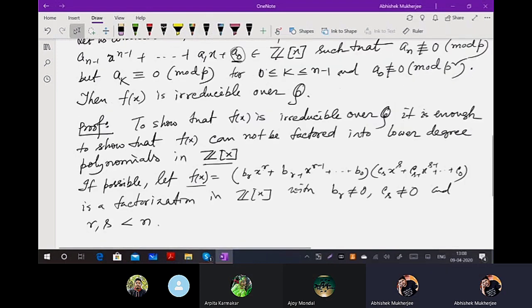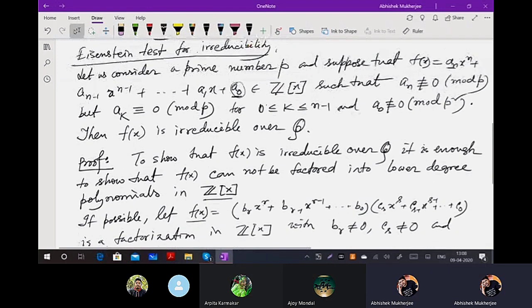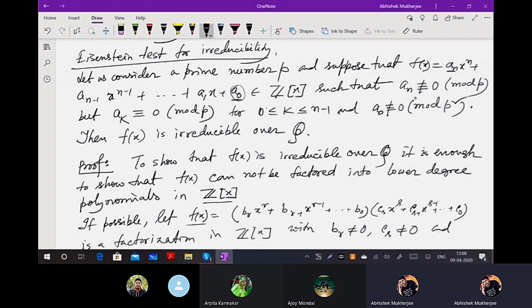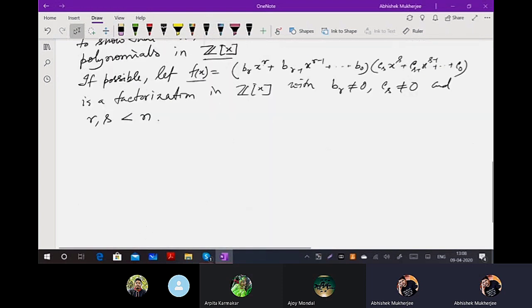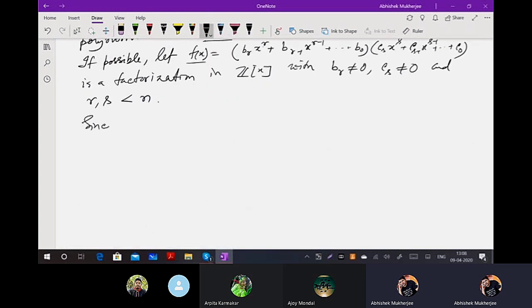Now from the assumptions, the conditions we have assumed in the statement, that is n is not congruent to 0 mod p and a_0 is not congruent to 0 mod p square. Since a_0 is not congruent to 0 mod p square, what does it imply?